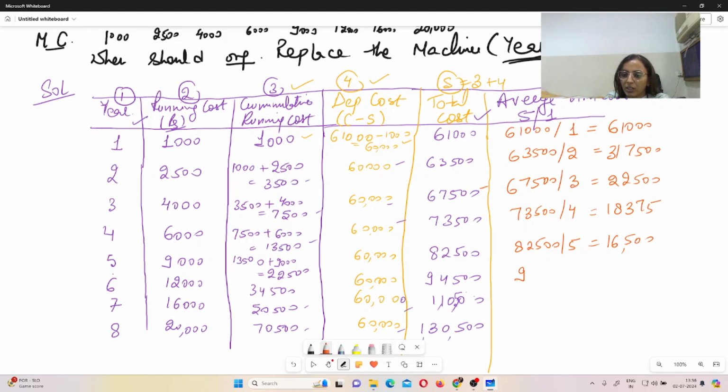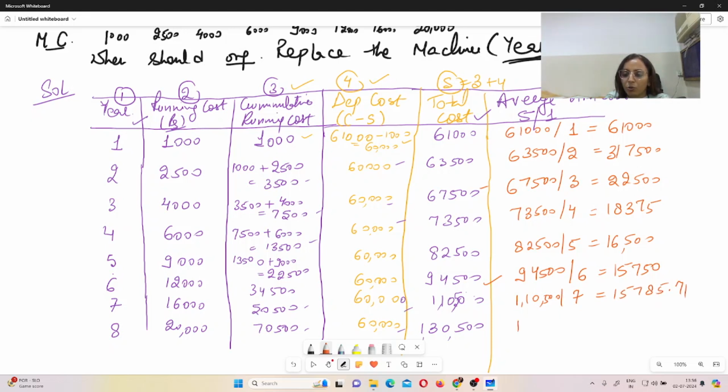Then 94,500 divided by 6 gives the average annual cost for the sixth year, which is 15,750. Then 1,10,500 divided by 7 is 15,785.71.